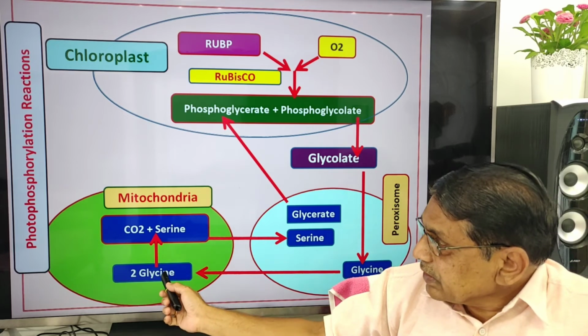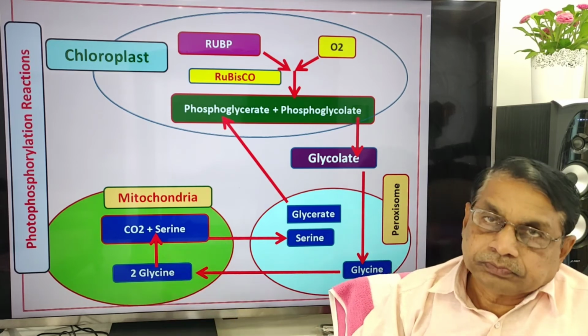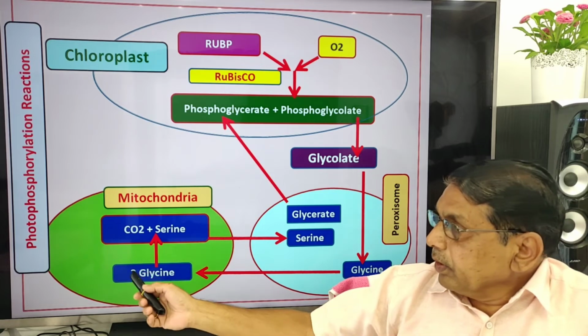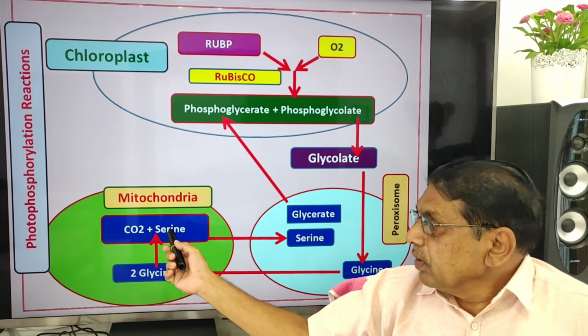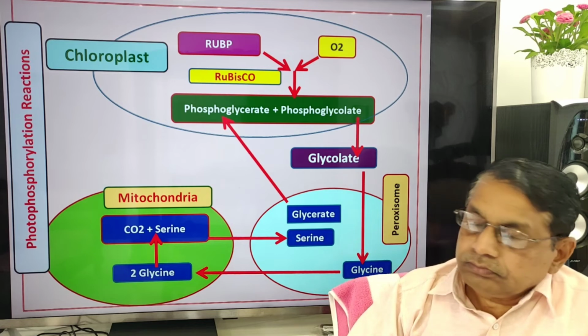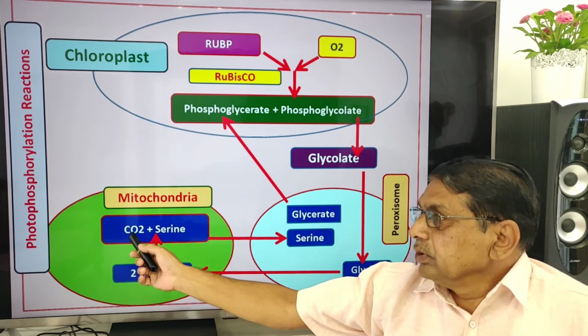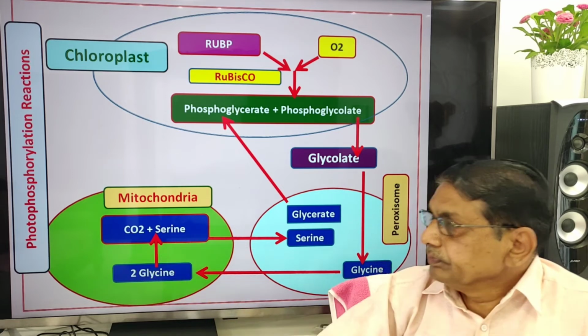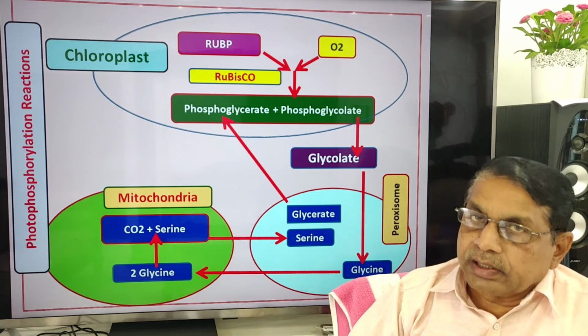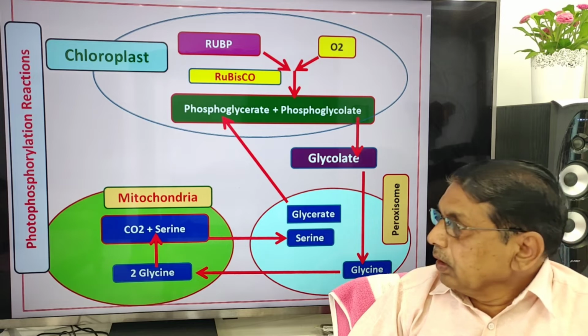Then two glycine molecules are converted to one carbon dioxide and one serine. Two become one carbon dioxide plus one serine, a 3-carbon compound.